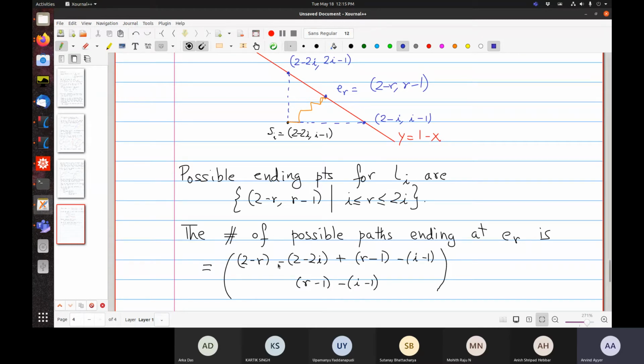Let's start to cancel. So there will be a lot of cancellations. This one cancels this one. This 2 cancels this 2. This minus r cancels this plus r. Right? So at the end you have plus 2i minus i, which is i. And here the same one is cancelling. So this is i choose r minus i.